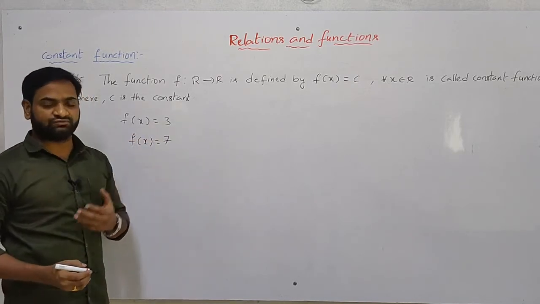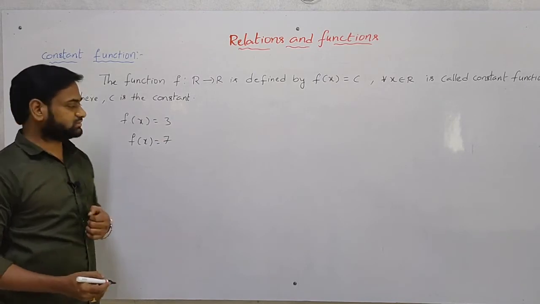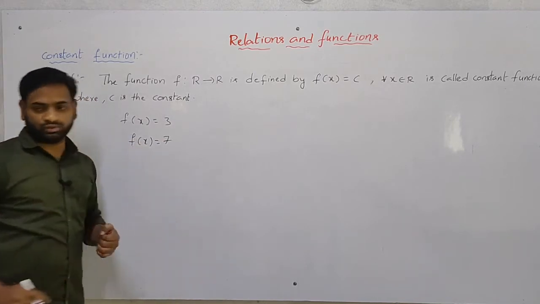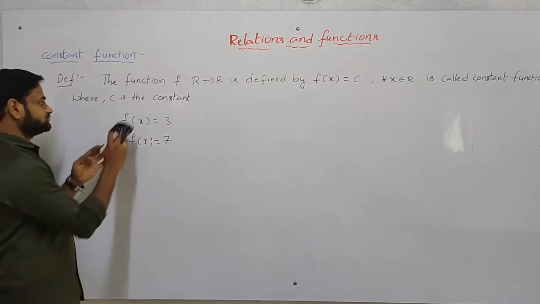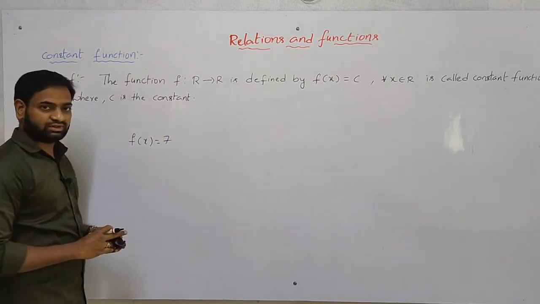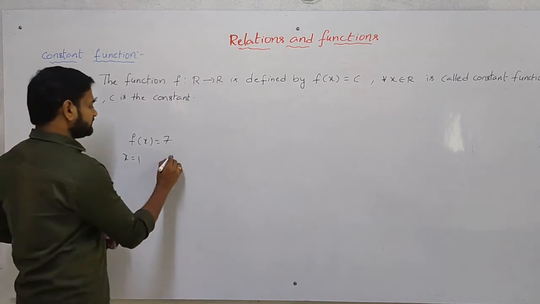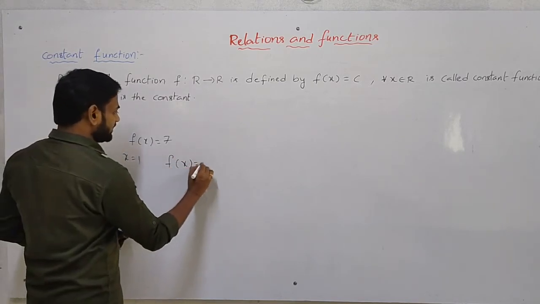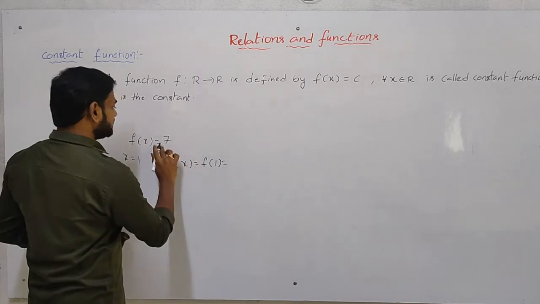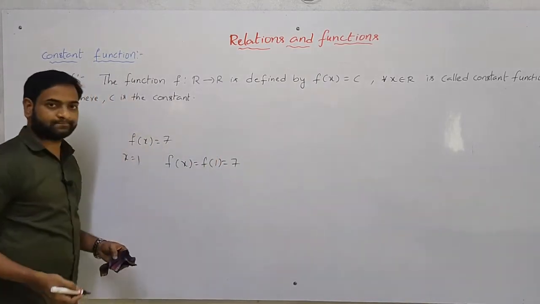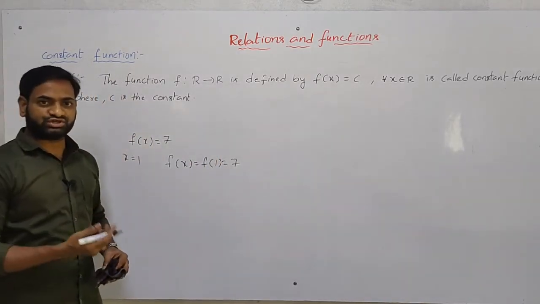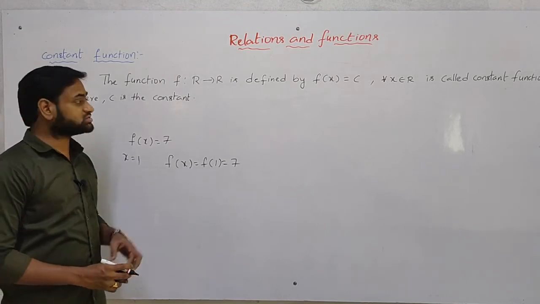It is another constant function. If x value is 1, then what is f of x? f of 1 equal to this 7 only. It cannot change because it is constant function.